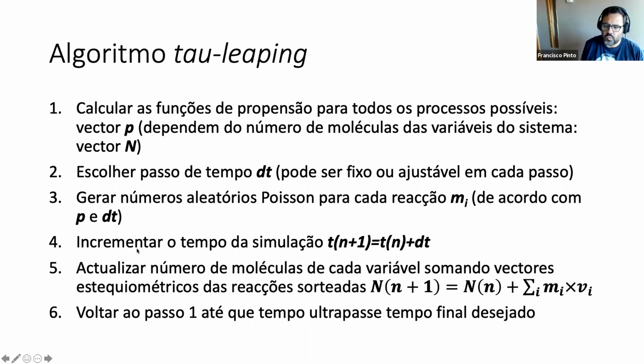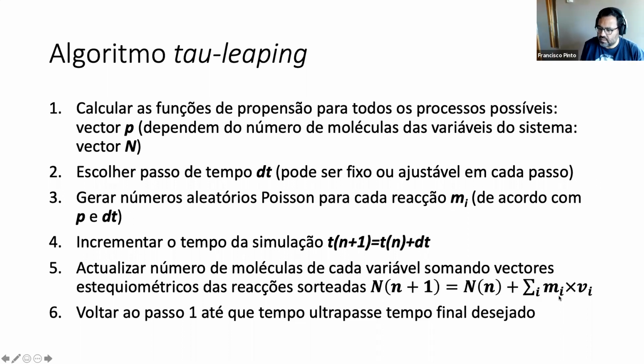Okay, and so you increment the time by the chosen time step, and you increment the state of the system by summing not just one stoichiometric vector, but some for each of the reactions that occurred, and each reaction can occur more than one time.